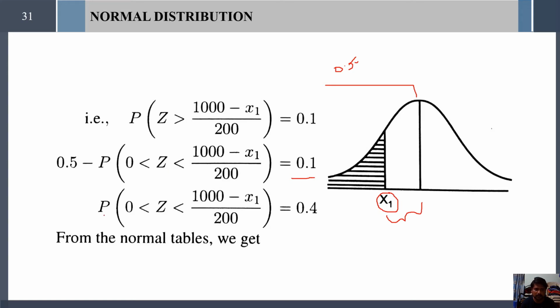So take 0.5 to the right-hand side and adjust: the probability of 0 less than z less than (1000 minus x1) divided by 200 equals 0.4.